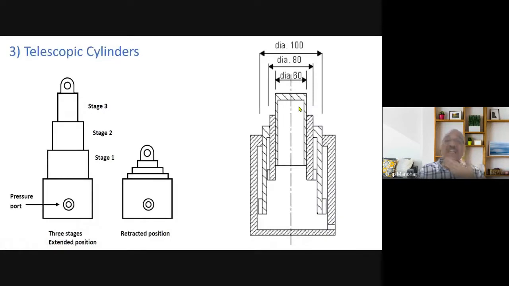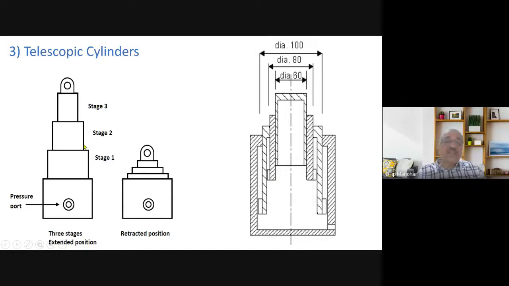This is called a telescopic cylinder. That means there are cylinders inside one cylinder. The outer cylinder has a large inner cylinder, and that inner cylinder has one more internal cylinder. That way, you have multiple cylinders inside one another. Once the first stroke is completed, that means the first cylinder gets fully extended, then the next stage cylinder will go.